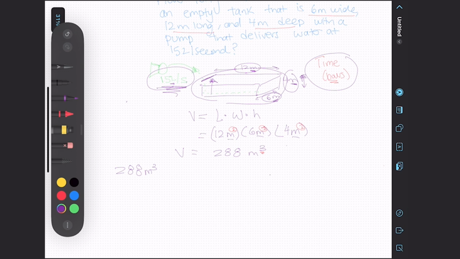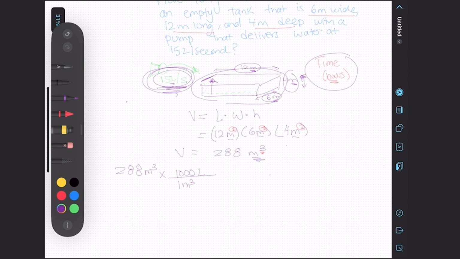So we're going to have to convert this meters cubed into liters to be able to use this pump rate in the question. So let's do that. Something you should just memorize is that 1 meter cubed is 1,000 liters, okay? This is going to help me convert this number into liters.